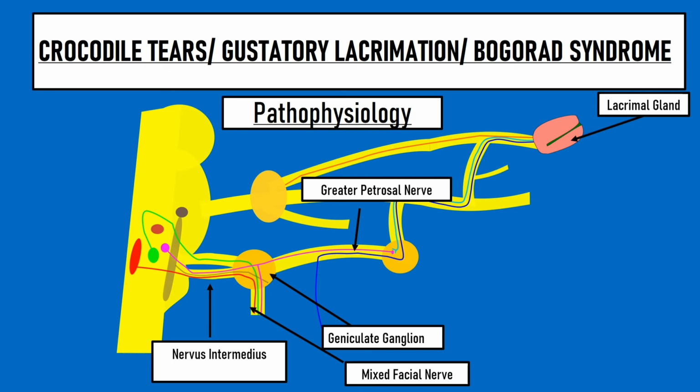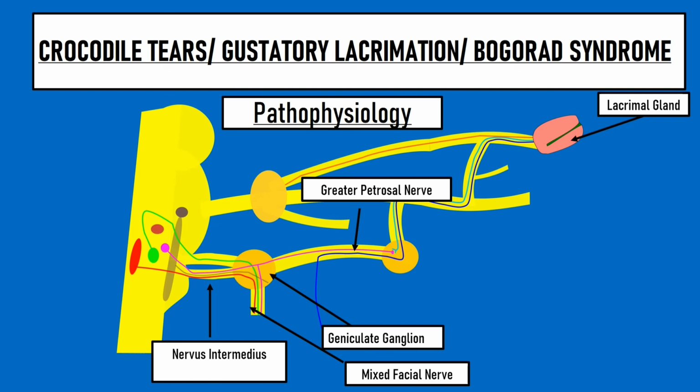In the case of Bell's palsy or traumatic injury to the facial nerve, during the process of regeneration, sometimes the fibers that were supposed to reach the salivary glands are deviated from the geniculate ganglion and they go up the greater petrosal nerve instead to reach the lacrimal gland. So there is a misdirection of nerve fibers.